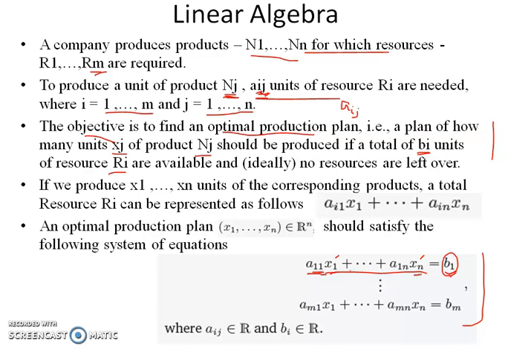Up to xn. So you need to compute the value of x1 to xn so that a product can be produced ranging from A11 to A1n, or that tuple you will be able to formulate for the given set of equations.